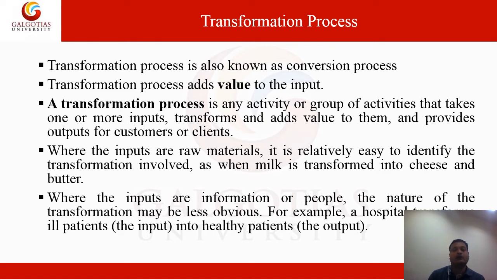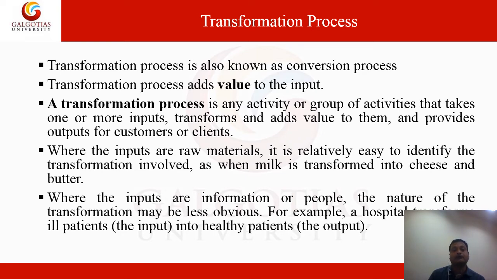If you take two simple examples, one is the conversion of milk into butter. Here you can see only one input is changing into an output. The second example is assembling a vehicle, where many inputs are being converted into output. In the first example, you can say that the transformation process is a single activity.